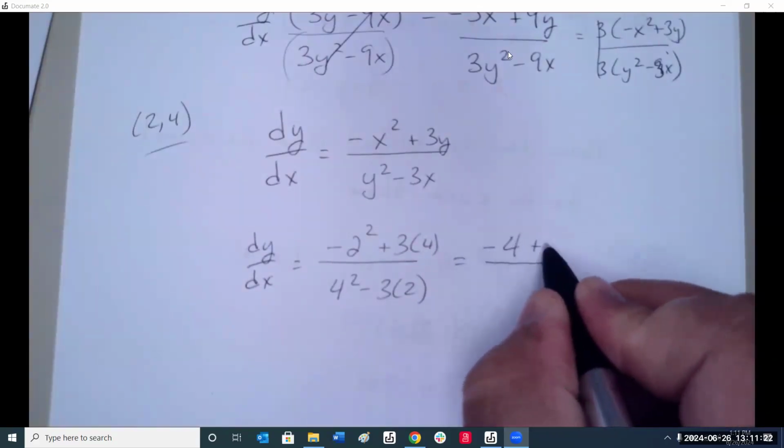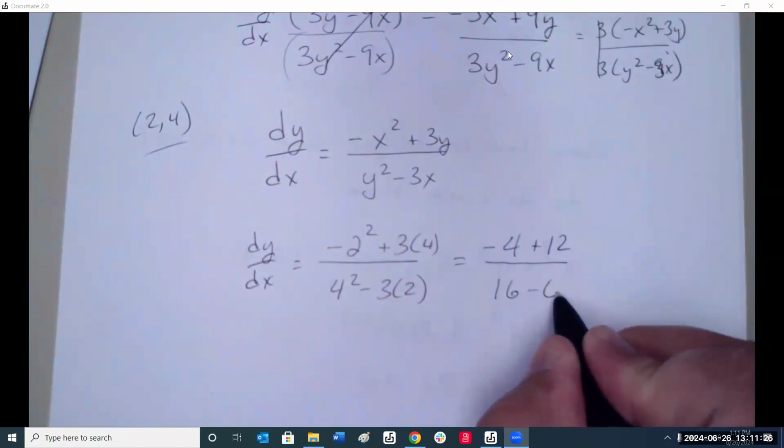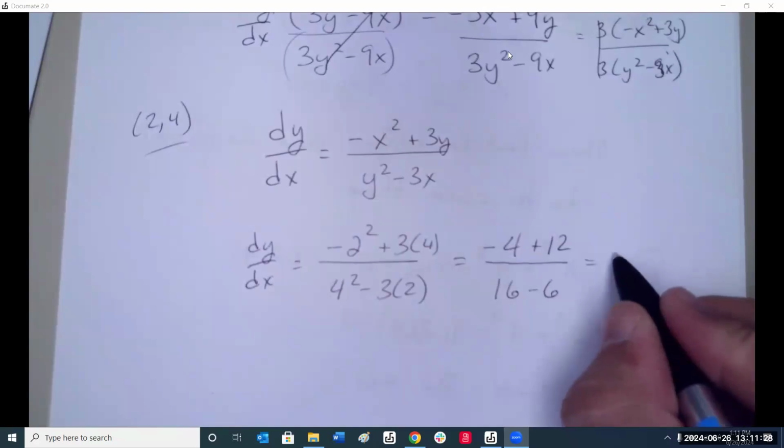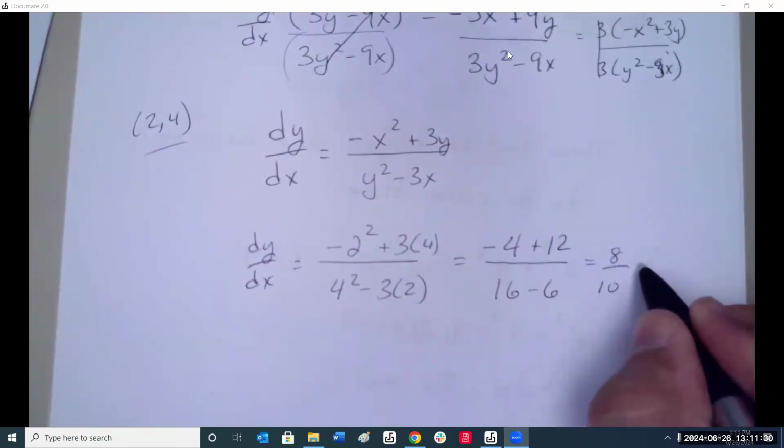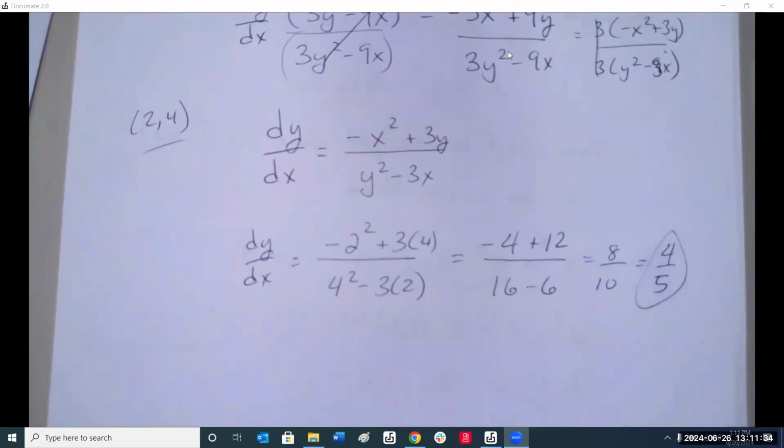Negative 4 plus 12. 16 minus 6. 8 over 10. That's our slope.